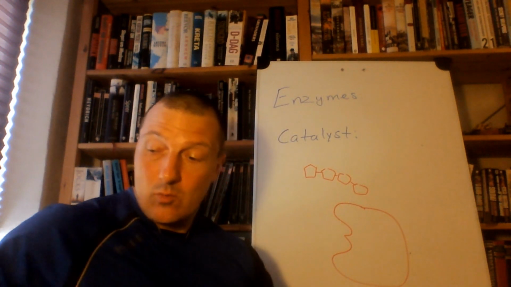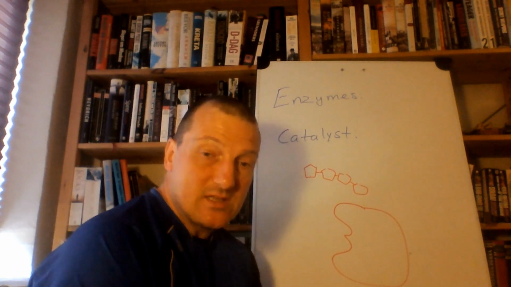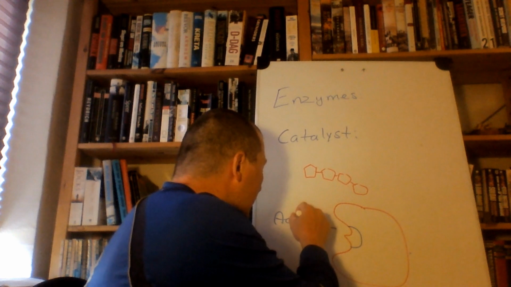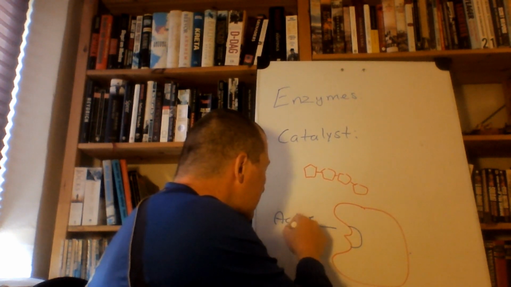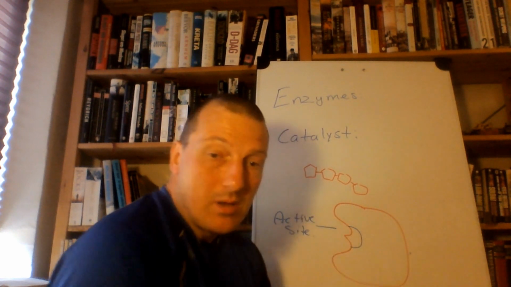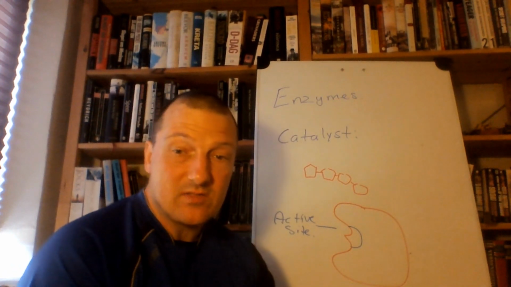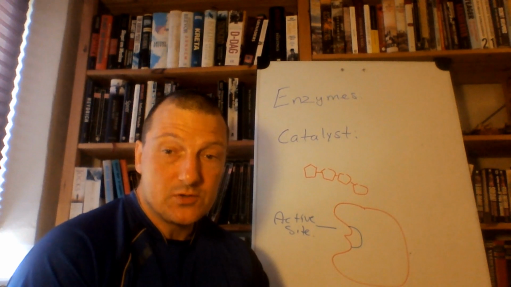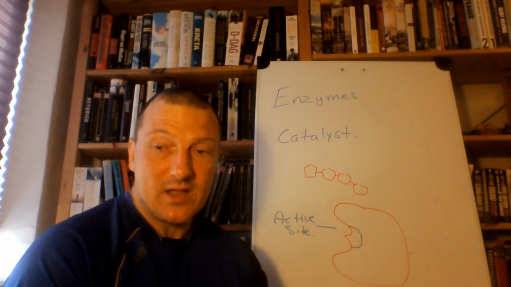And that fold, when we're talking about enzymes, is what we call the active site. The purpose of having an active site like this is that it's going to fit perfectly to the molecule that the enzyme wants to interact with.